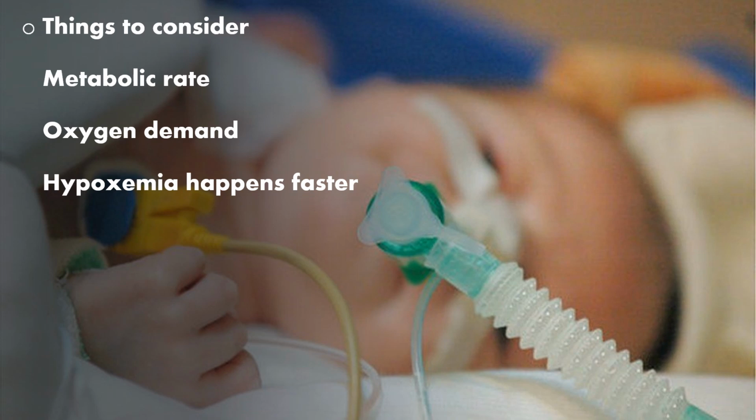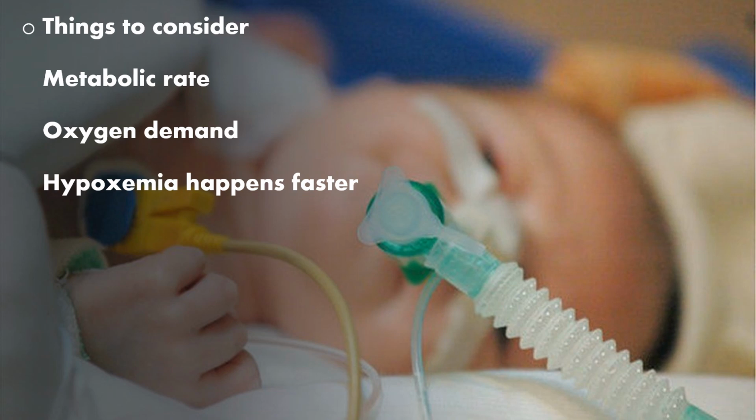We don't want them breathing higher than 60 inhalations per minute because their metabolic rate is so high. We really reduce their available energy stores when they have to breathe so fast. So their rate is very important to us.